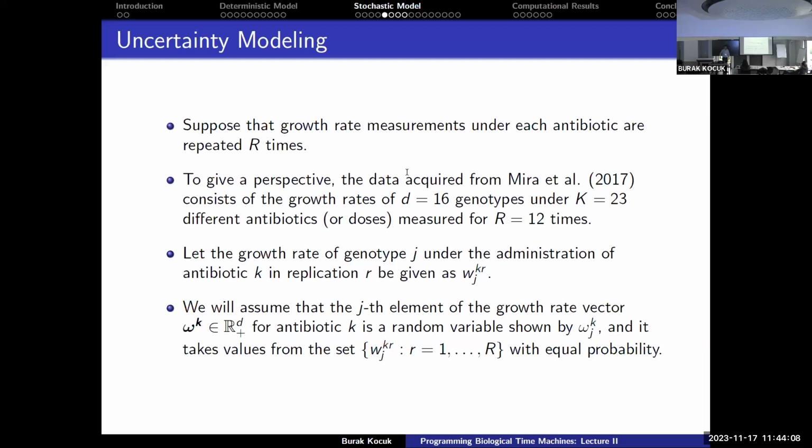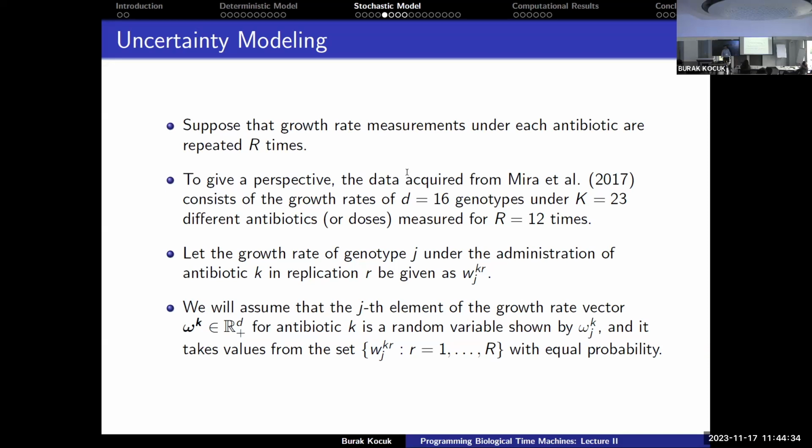What does that mean? You repeat the experiments 12 times. For the first genotype, you look at these 12 numbers and choose one of them. For the second genotype, you look at the other 12 numbers and again sample one of them randomly. That's how you create a growth rate.